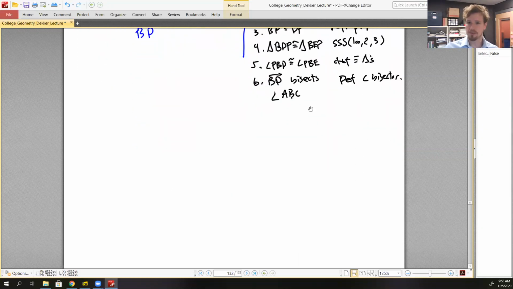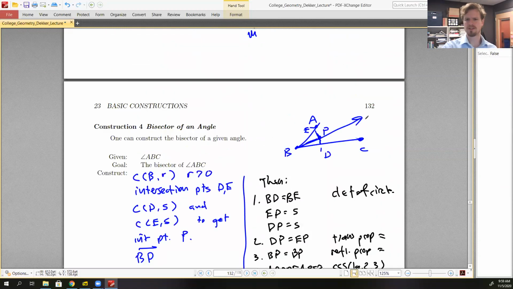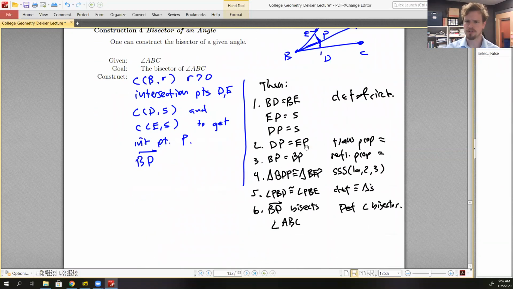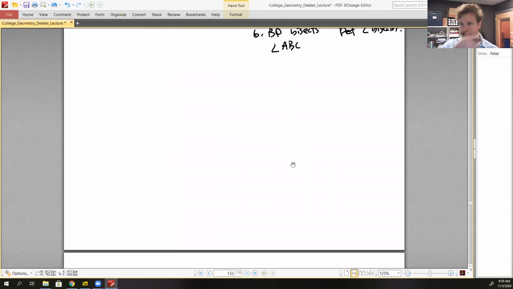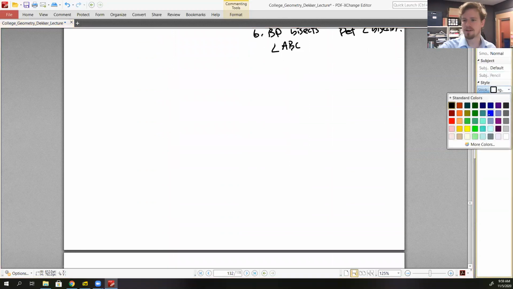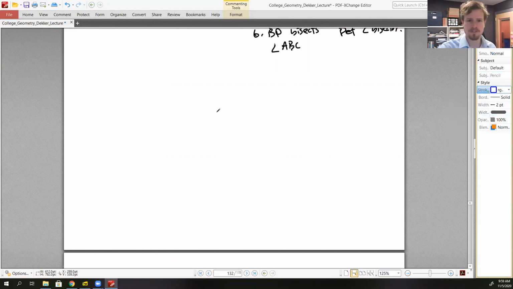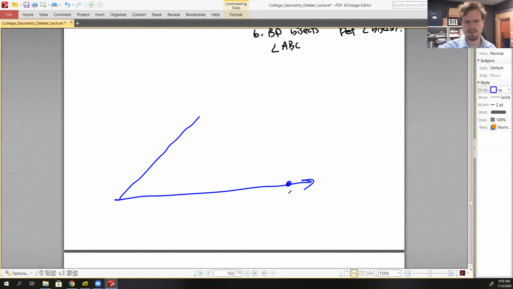All right, so what does that look like when we're actually drawing it out? This was the motivation. That's not what we actually do for the construction. For the actual construction, let's go ahead and start with an angle. So we might have an angle that looks like this. And we want to construct the bisector of this angle. I keep saying perpendicular because we've been looking at them like crazy.